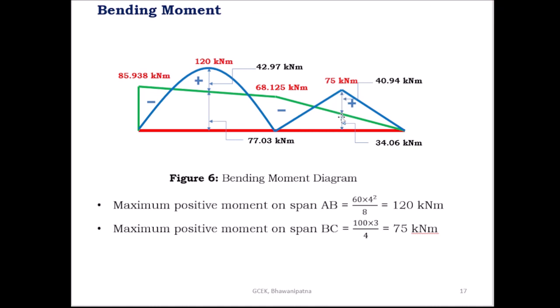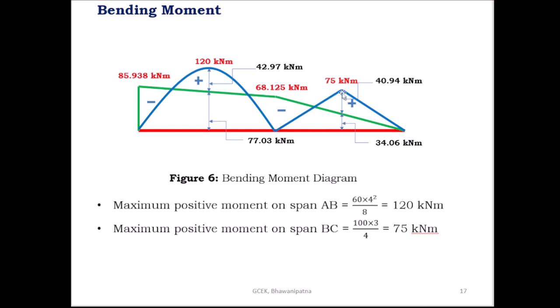Similarly here, find out this ordinate, because you know this is 68.125, and this one is found by proportion. This is the 3 meter span, so 68.125 by 3 is equal to x by 1.5. X is equal to 68.125 by 2, so this ordinate is 34.06 kilonewton meter.